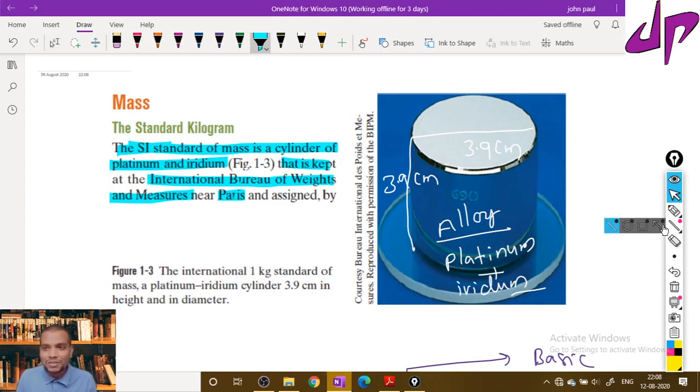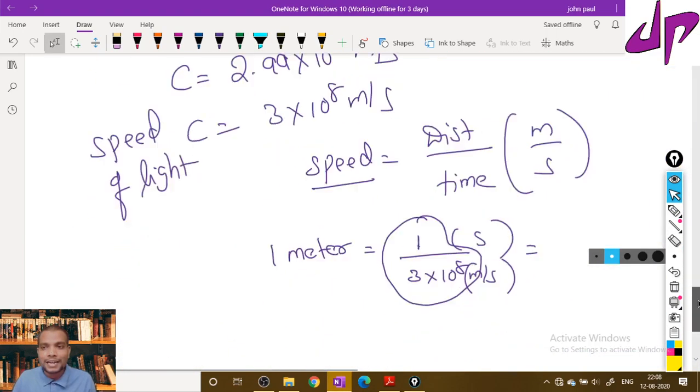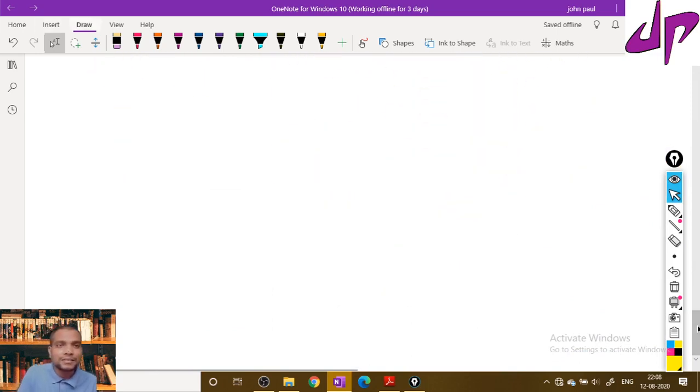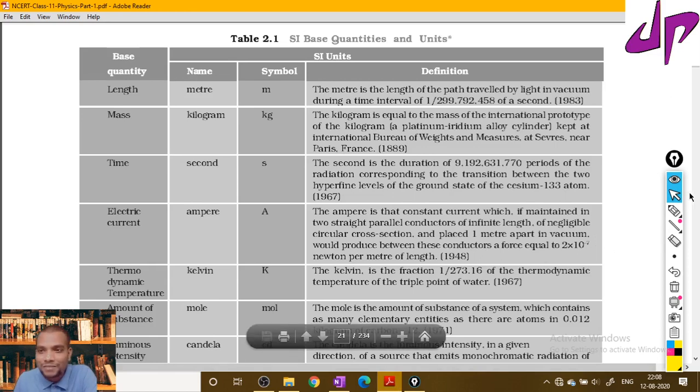Now the next unit we can define is time, the third one. How can we define time? Its definition is something entirely different. I hope I can make you understand.